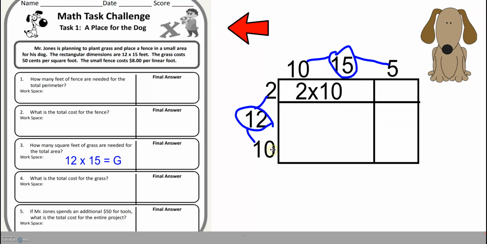This box, I have 10 times 10. To solve for this box, 2 times 5. And to solve the area of this box, 10 times 5.